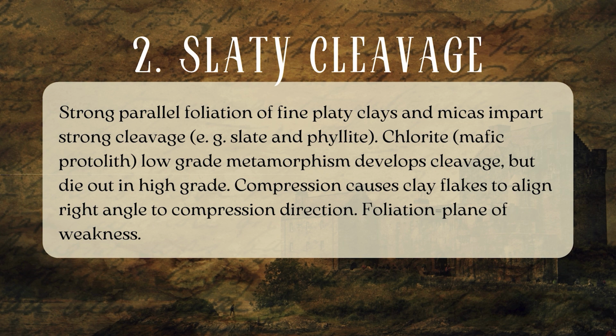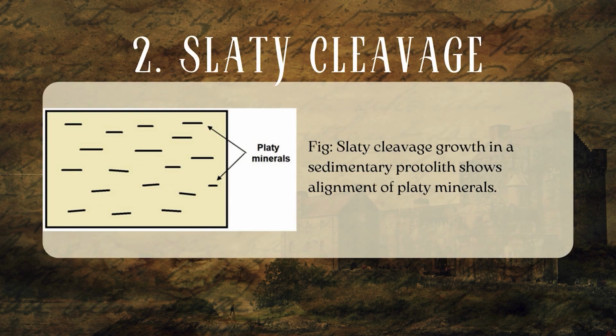Chlorite, mafic protolith, low grade metamorphism develops cleavage, but dies out in high grade. Compression causes clay flakes to align at right angles to compression direction. Foliation is a plane of weakness. In this diagram, I am showing slaty cleavage growth in a sedimentary protolith, shows alignment of platy minerals, which is shown with black color in yellow background.